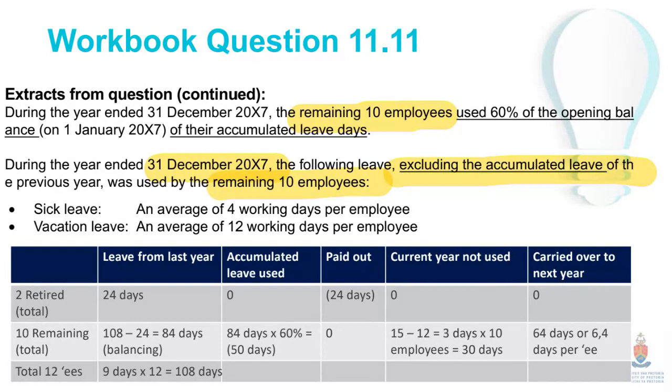So 60% of what number? 60% of 9 was used by the 10 employees, but we're going to come back to that because the calculation might get a bit tricky. So 60% was used of the opening balance for those 10 employees. And then it says if we leave out the cumulative leave, the person, on average, took 4 sick days and 12 vacation days. Now, how can, just have a look.